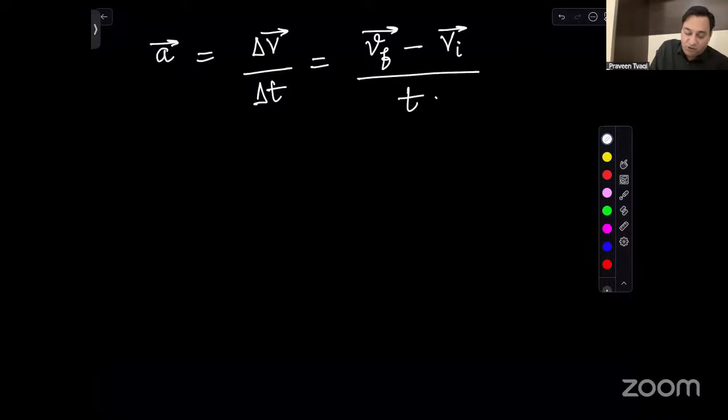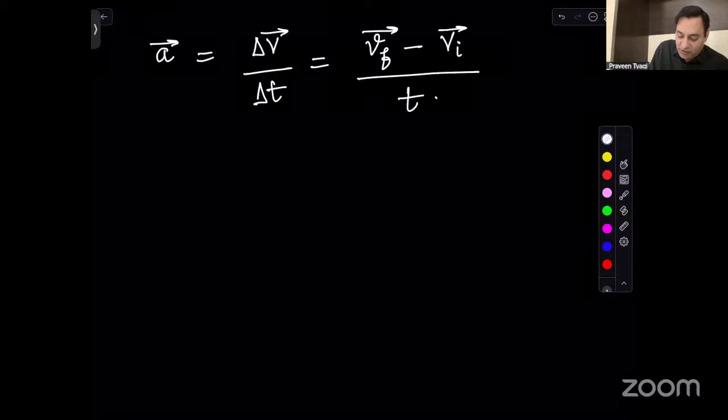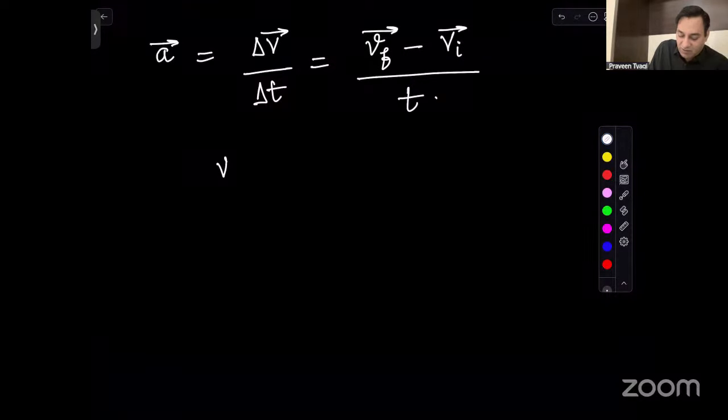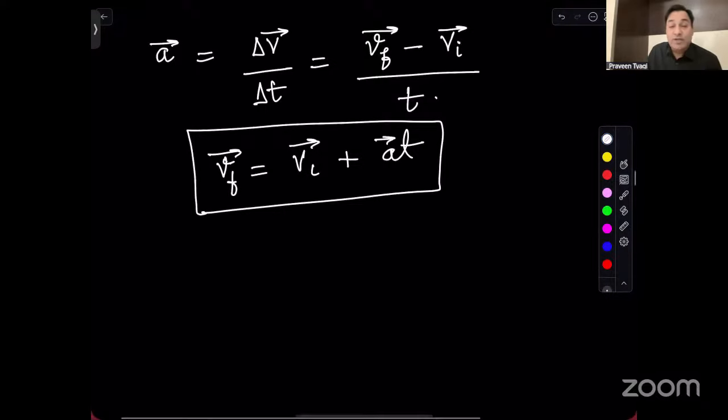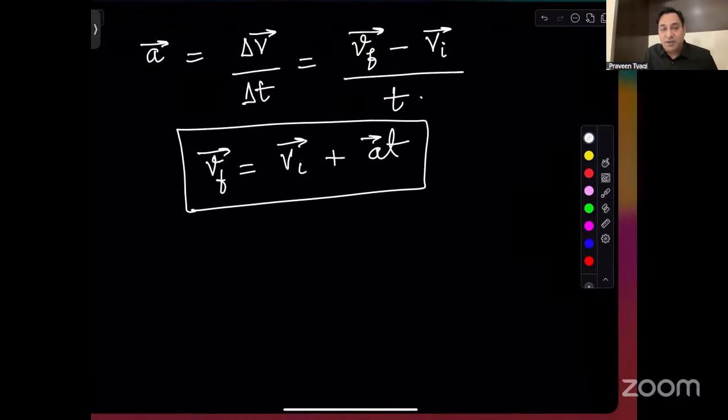Now, if I cross multiply time here, you will get V final is equal to V initial plus AT. Now, these are the equations of motion, which you have learned.